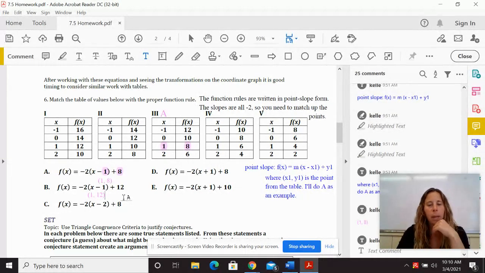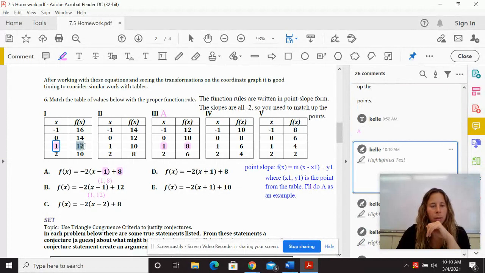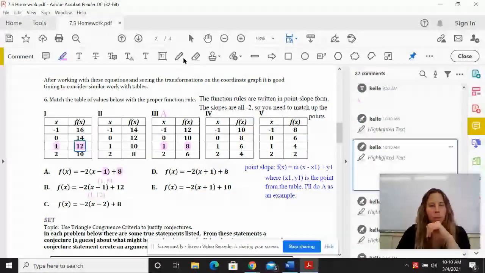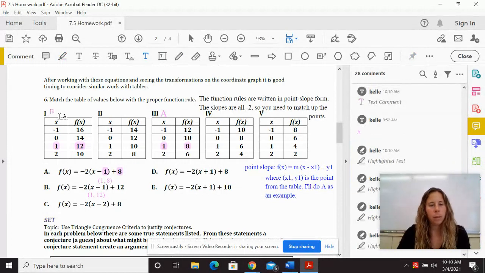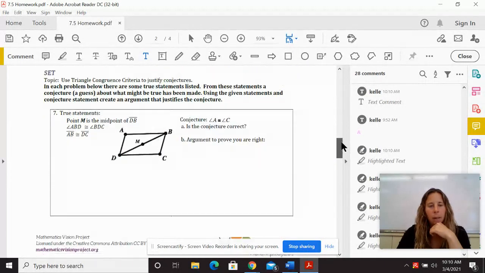So find the table that has 1, 12 as a point. And here it is, 1, 12. So that is B. You're going to do that for C, D, and E.